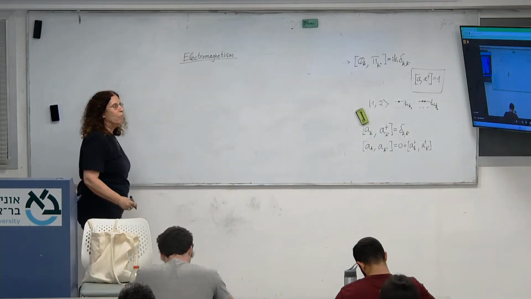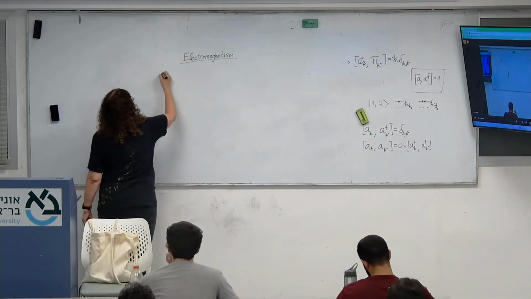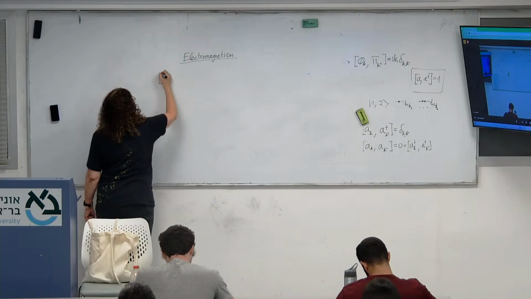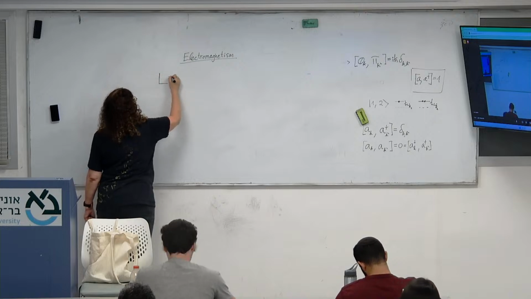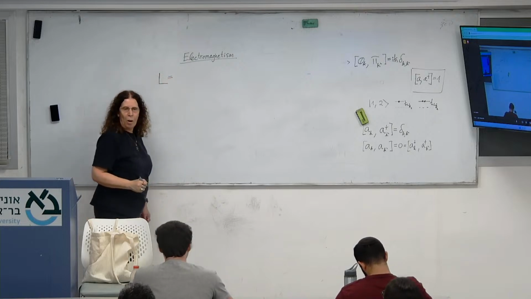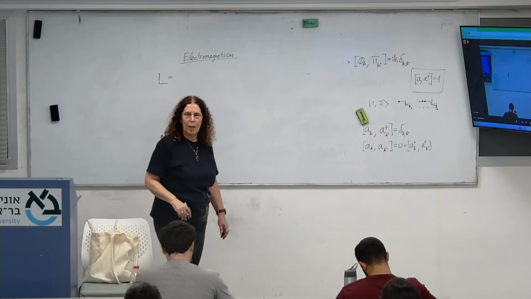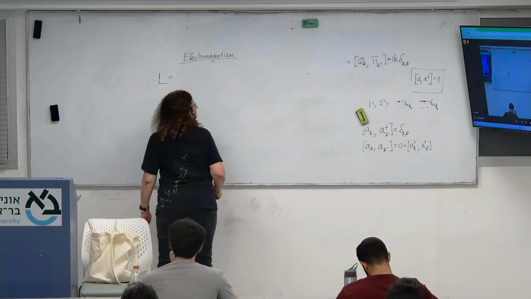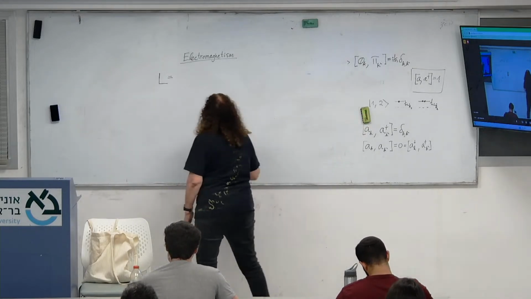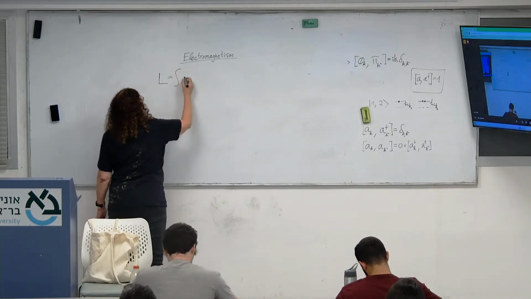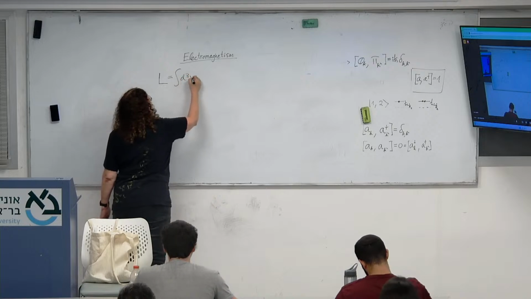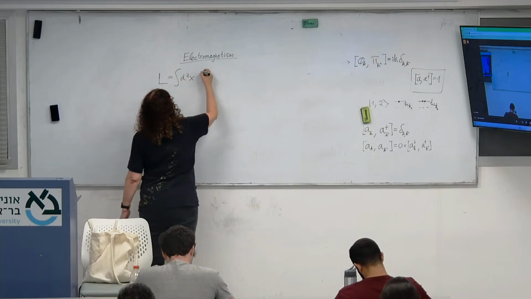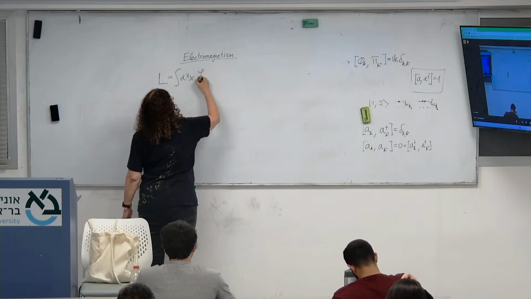And last week we already wrote it, except that you still didn't see how you derive the coefficients and all that, but let me just remind you the result. We wrote a Lagrangian that looks like this.